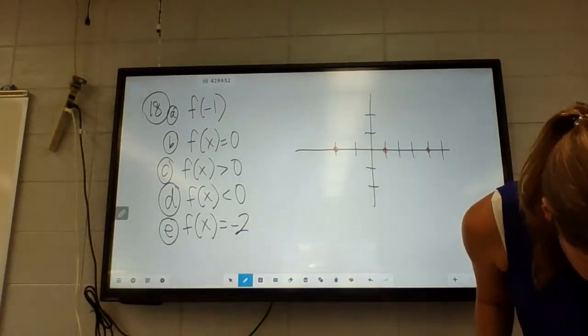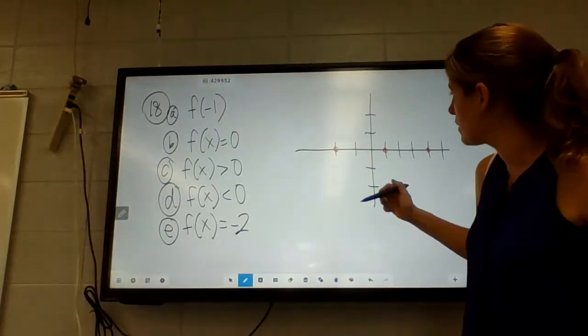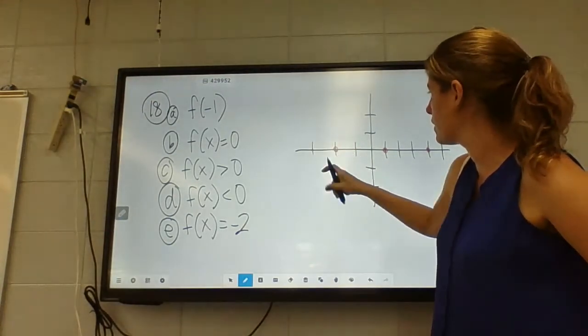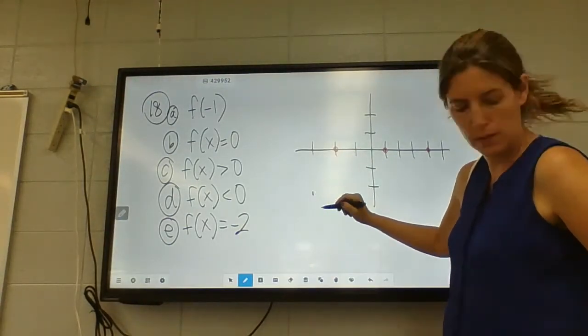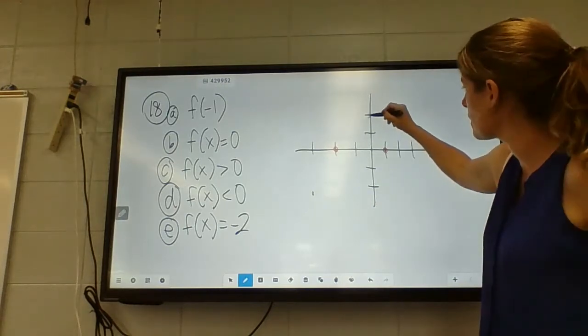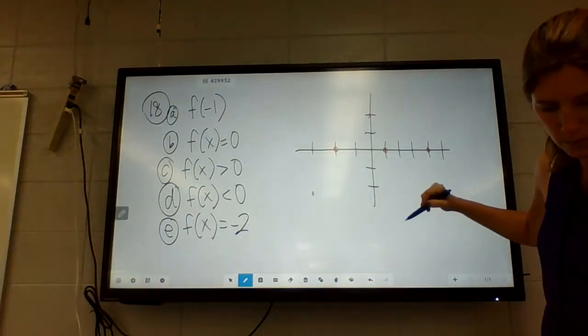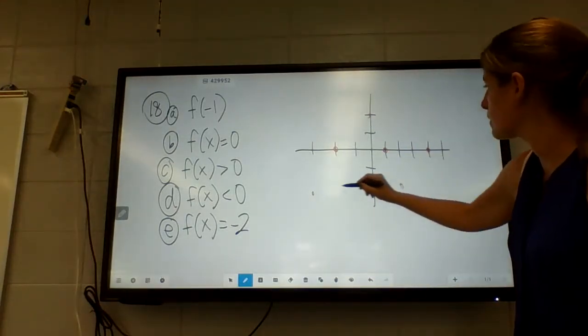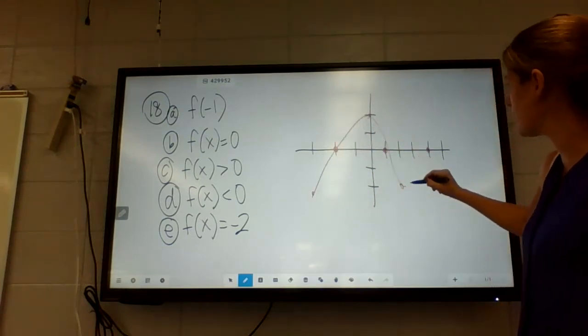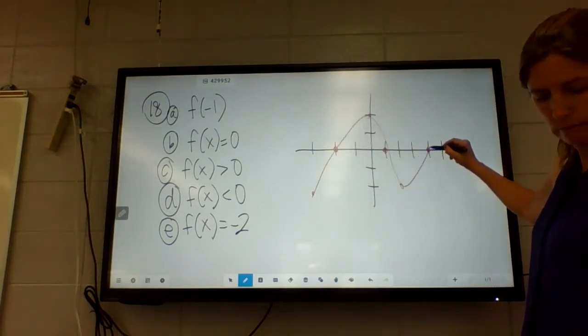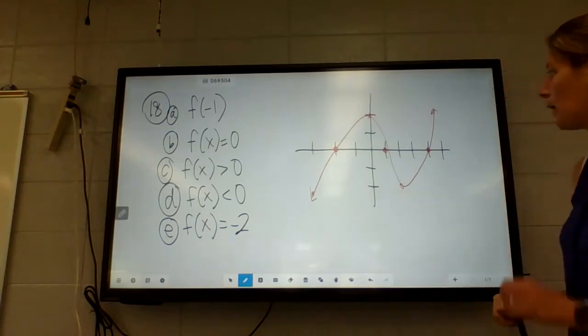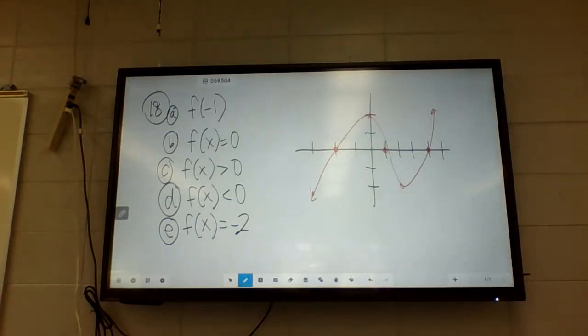Let me see if I can get a couple points here to make it help. So it looks something like that. All right, so this is essentially what's going on here.